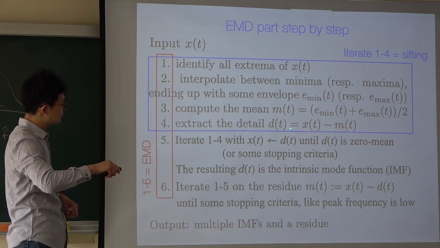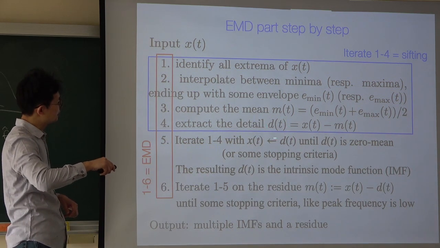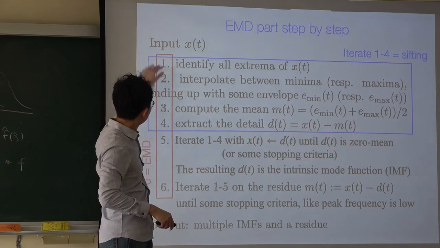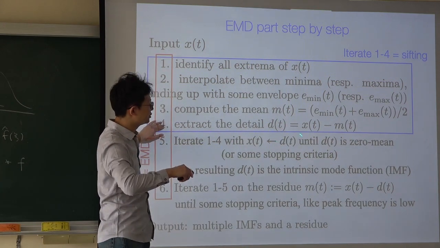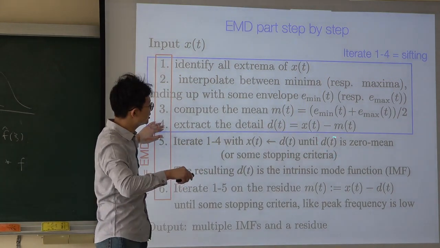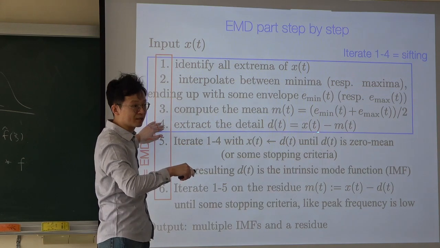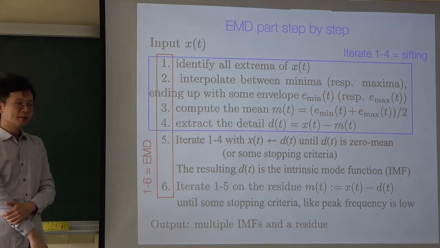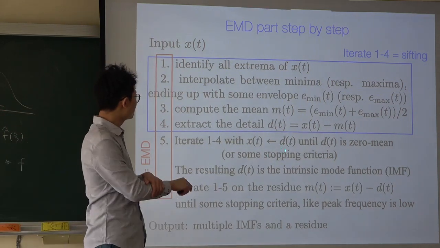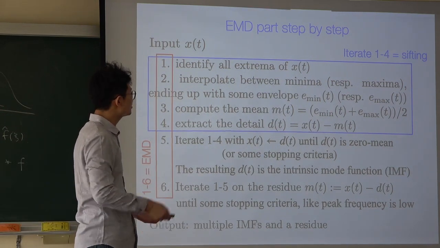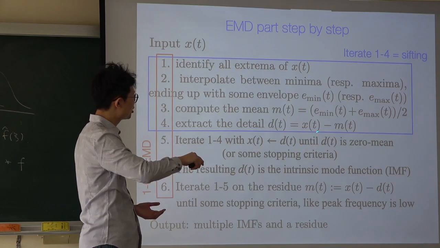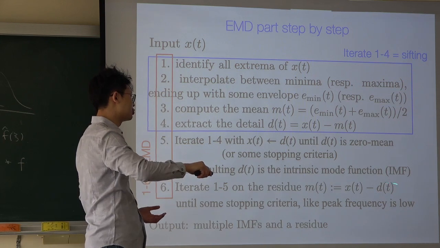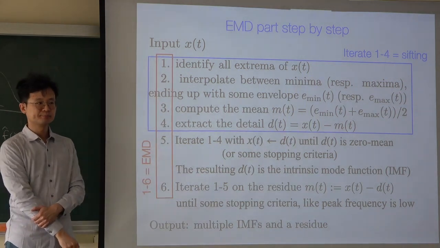So you do a subtraction, and you get the high frequency component, usually called detail. Then you iterate steps 1 to 4 on the detail until the detail satisfies some stopping criteria, for example, zero mean. Once you repeat it many times so that the detail satisfies the criteria, like zero mean, this D is called the intrinsic mode function.